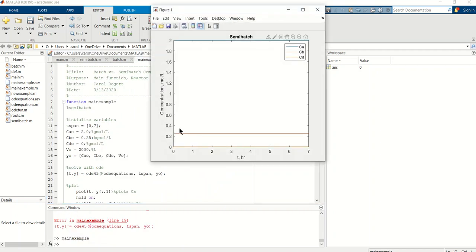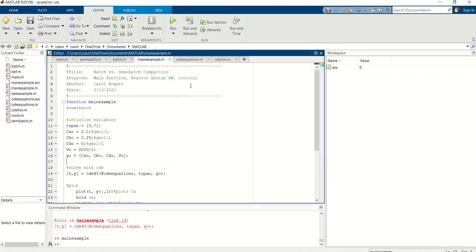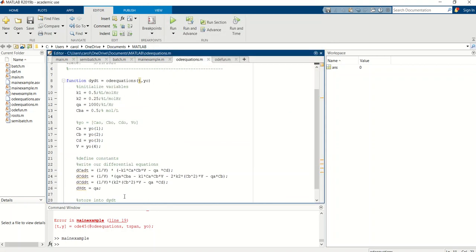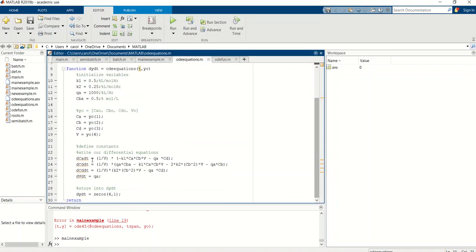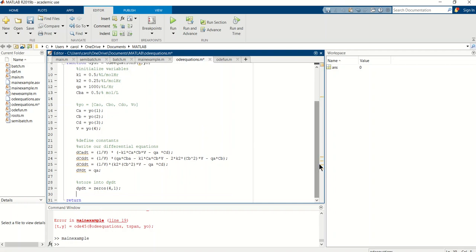Now it should work. And you'll notice here that the concentrations are still constant. And if you look back at our code, it's because we calculated all of these things, but we didn't do anything with them. So we want to return these values because ODE is going to use them to solve for every iteration.